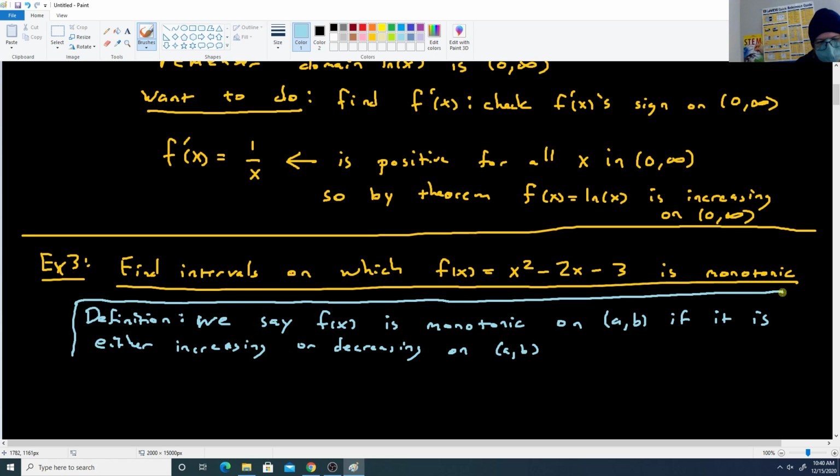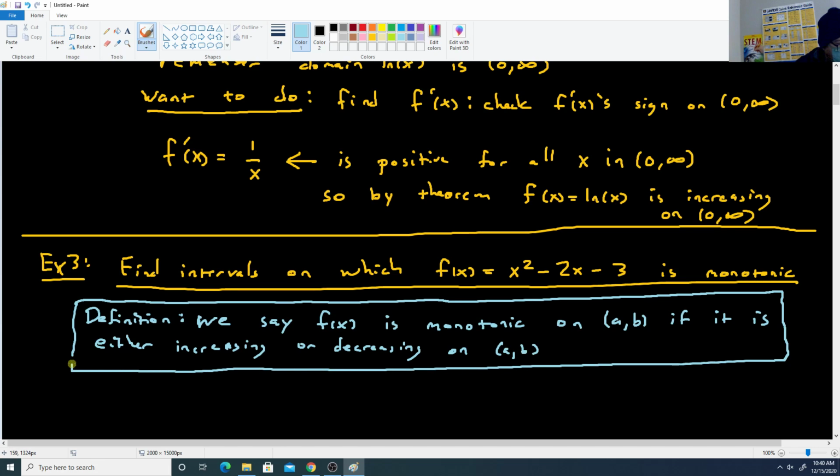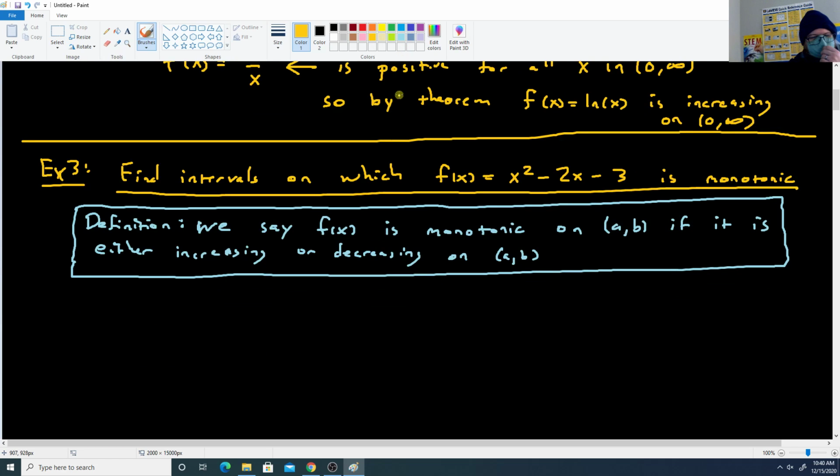What the question is asking us to do is go through and figure out where f of x is increasing and decreasing. So what does the question want?